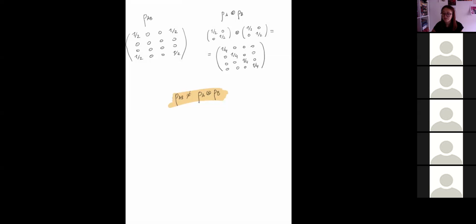The second exercise is some repetition from linear algebra to show some properties of the trace of matrices. Also quite straightforward, or you can just look it up in your linear algebra course. And the last exercise is about calculating the partial trace for the example of the double slit experiment that we already saw before.